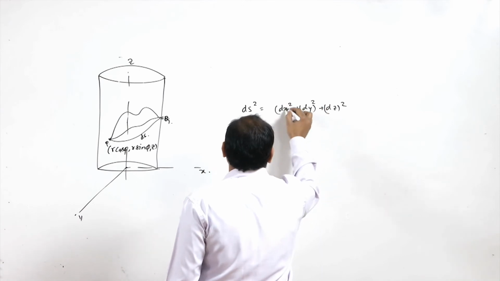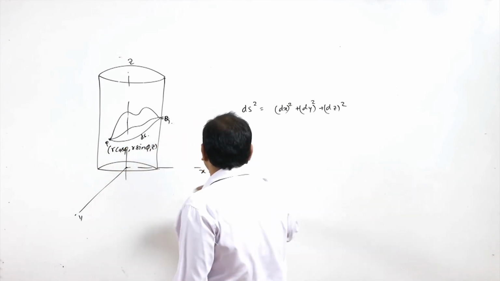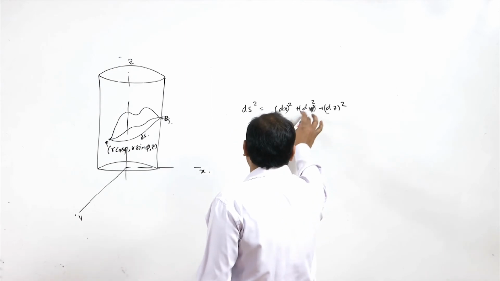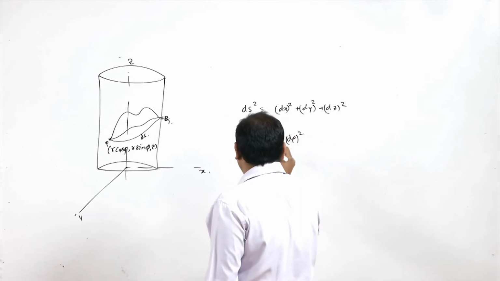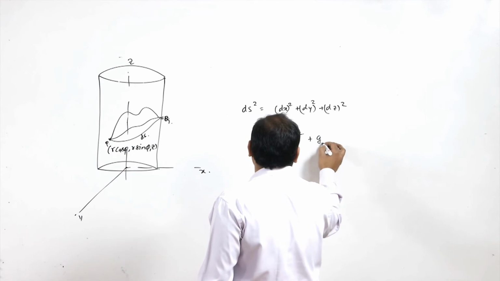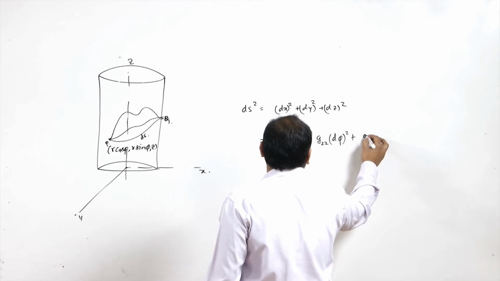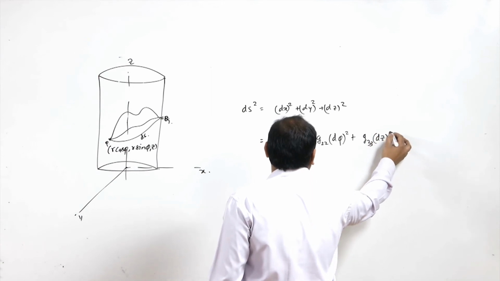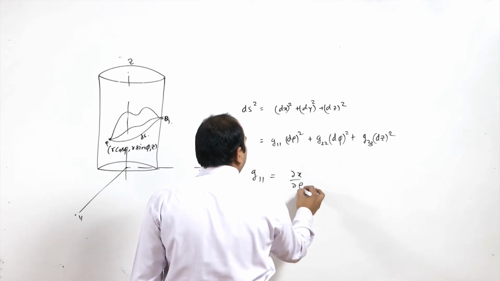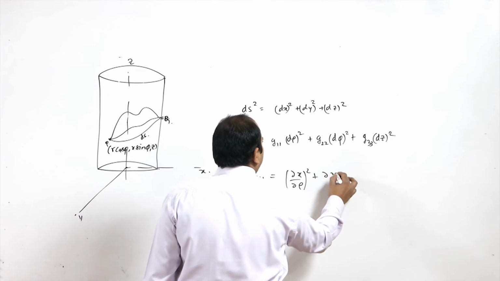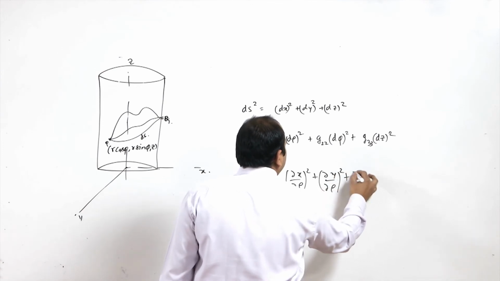We want to find the length of the curve joining P and Q. If you simplify dx square plus dy square plus dz square, you can write it as g11 d rho square plus g22 d phi square plus g33 dz square, where g11 is equal to del x by del rho whole square plus del y by del rho whole square plus del z by del rho whole square.